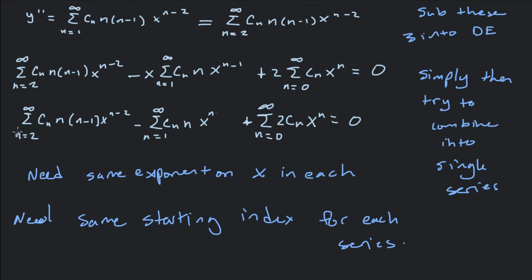Notice here that this starts at n equals 2, this starts at n equals 1, this starts at n equals 0. So the starting index is really these numbers here. So that's what we mean by we need them to have the same starting index.